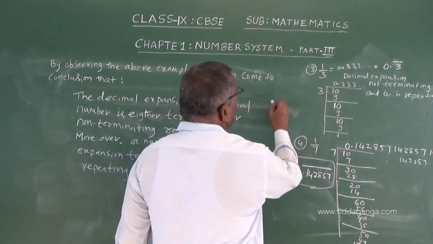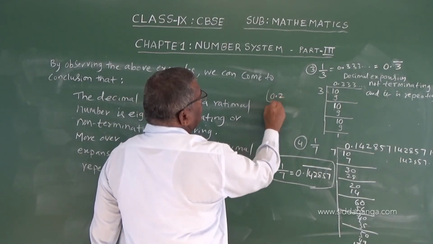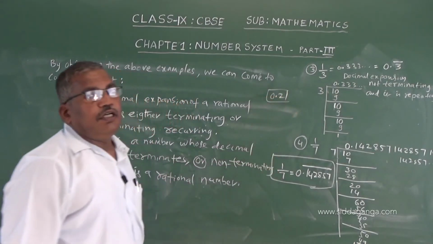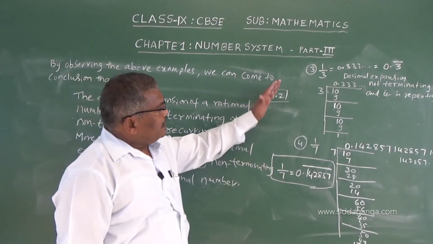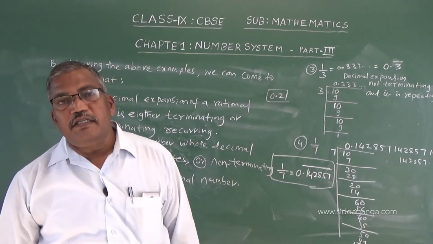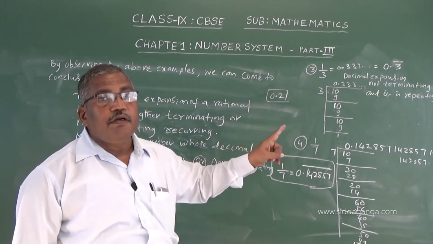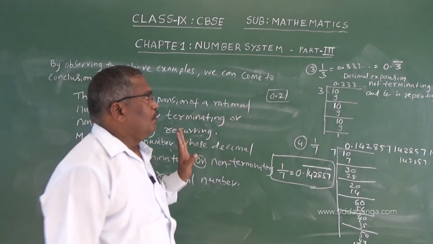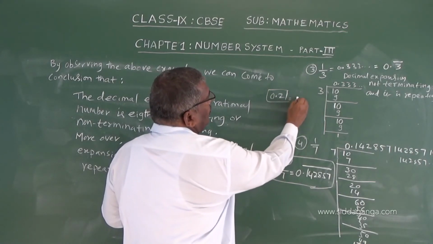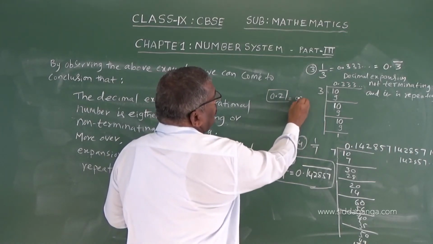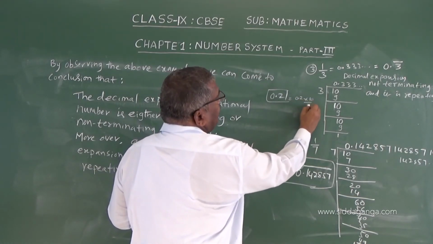Suppose I write 0.2. You all know that it is a terminating decimal expansion. When it is a terminating one, we can definitely say it is a rational number and it can be put in the form of P by Q. To put 0.2 in the form of P by Q, we simply multiply and divide it by 10.